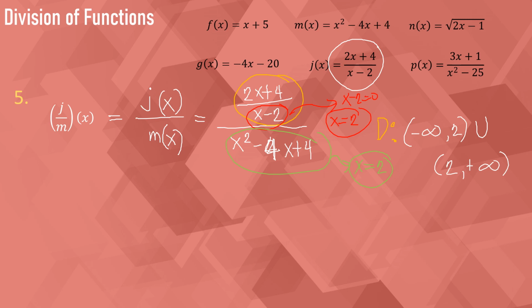Now, kung gusto natin ayusin yung function na ito, magiging ganito ang itsura niya. So, I have 2x plus 4 over x minus 2 times the reciprocal of the denominator.